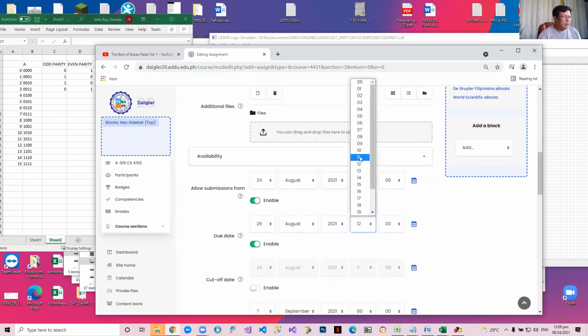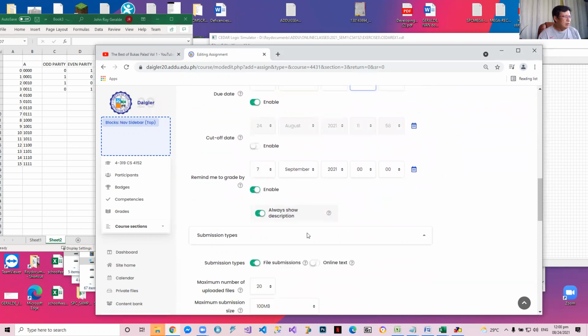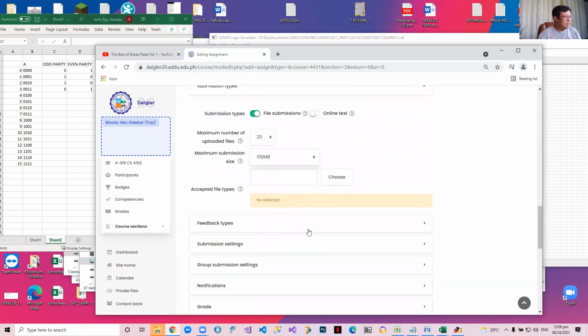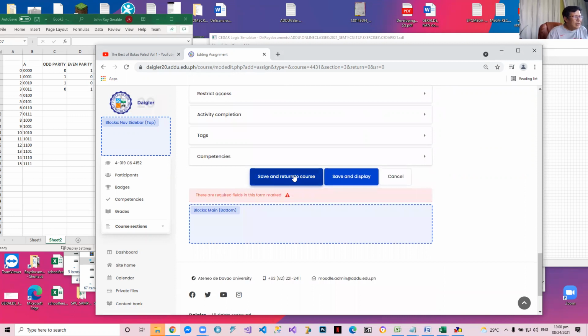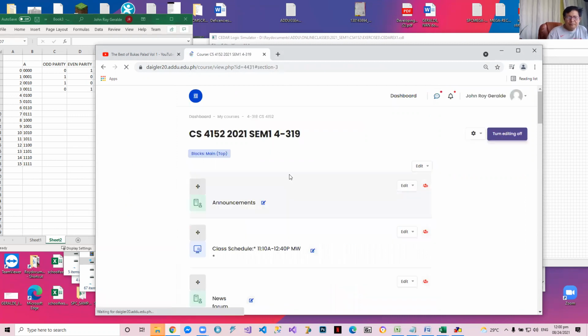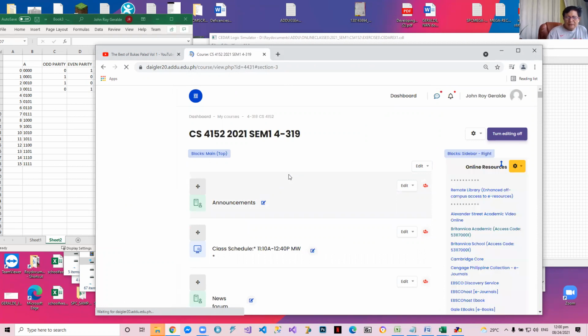Ay, 12 pala, no? 10 na lang. Kasi anong klase natin? How many files? Saan yung files? Number of upload. Pwede na yan. Okay. Any questions? No?